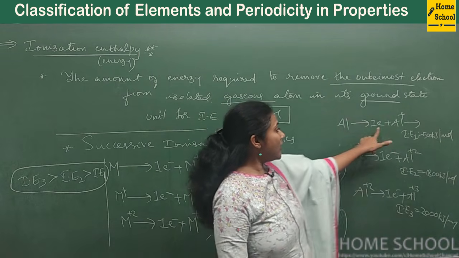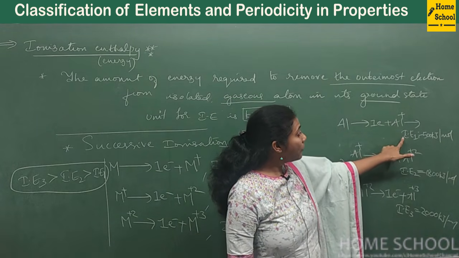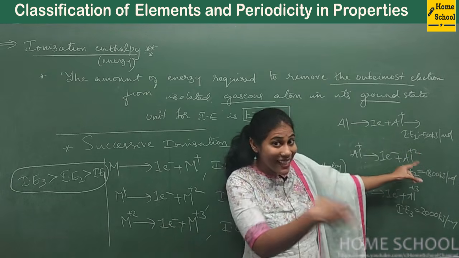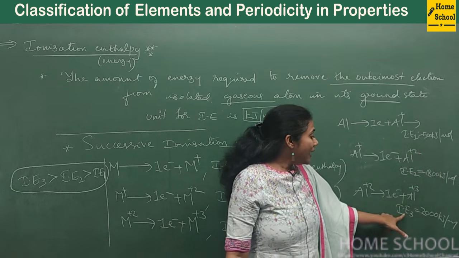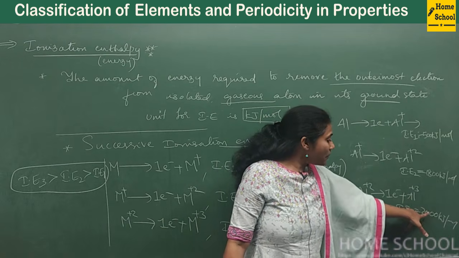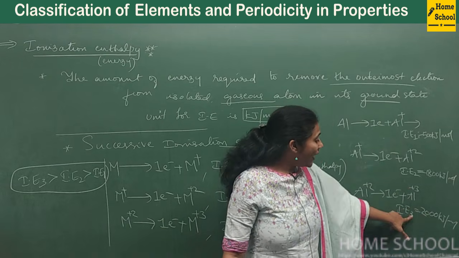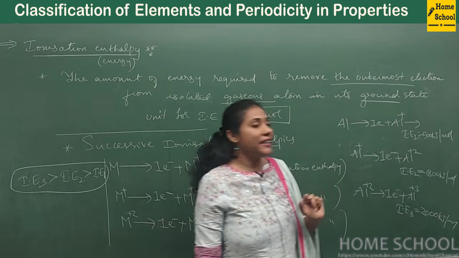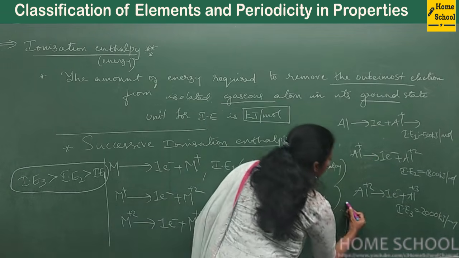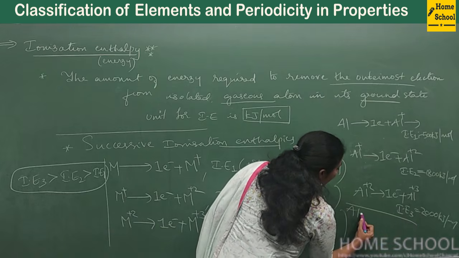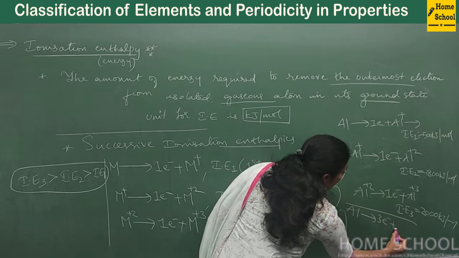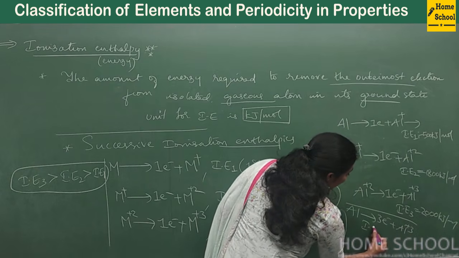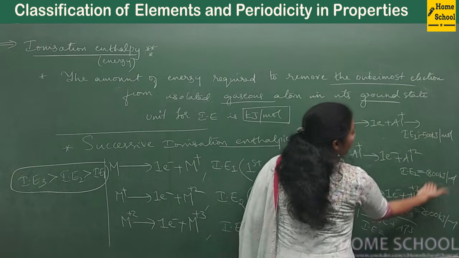So the energy required for removing the first outermost electron is this much, for the second outermost electron is this much, and for the third outermost electron is this much. You see the values: IE3 is greater than IE2, and IE2 is greater than IE1. And for this equation, Al, on losing 3 electrons, gives Al plus 3. For this, the ionization enthalpy can be the sum of all these.